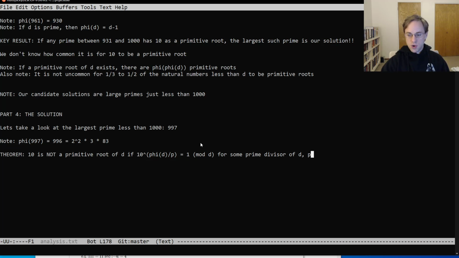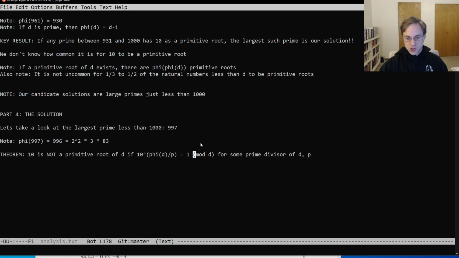Okay, so why is this true? I'm not going to give an actual proof of this, but the reason is that any solution to this equation is divisible by the order of 10, and 10 is a primitive root mod d only if ord 10 is equal to phi of d.